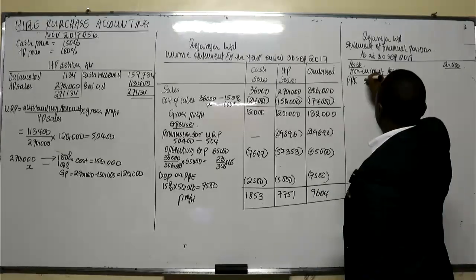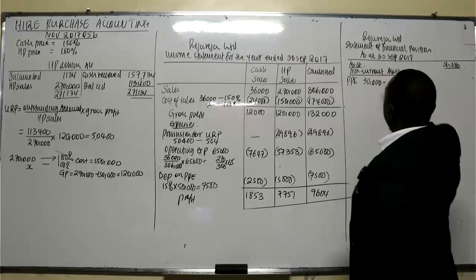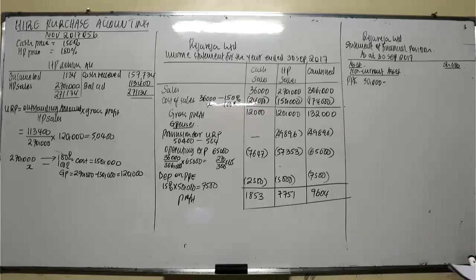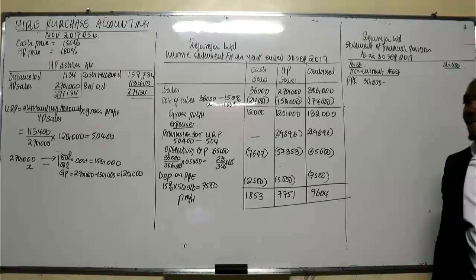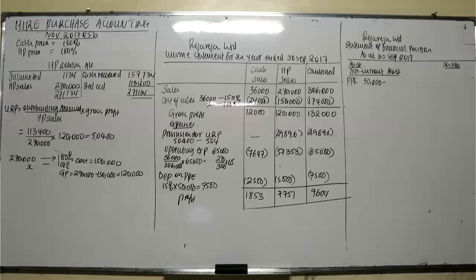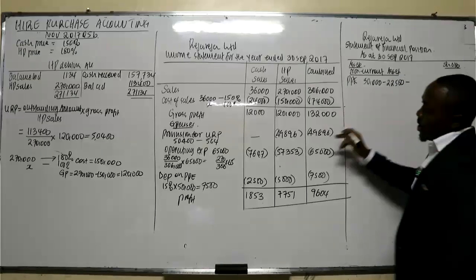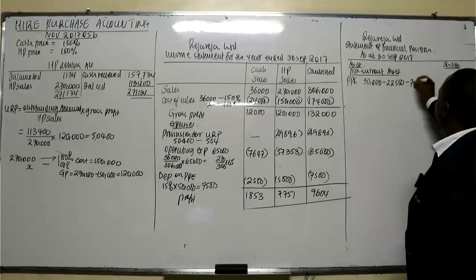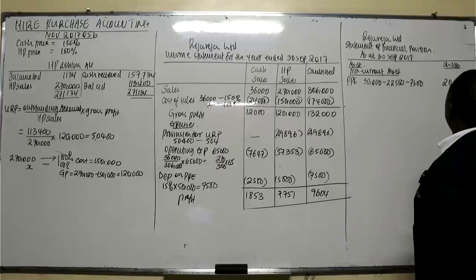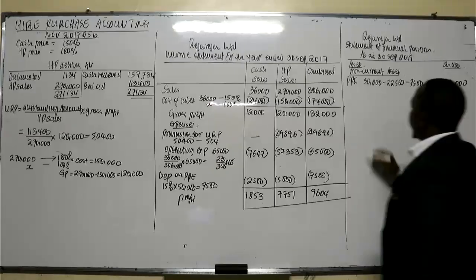PP, the cost was 50,000. Then you raise the accumulated depreciation. How much is accumulated depreciation? 75 was depreciation for the year. Just check from the trial balance. An amount of 22,500, and then you raise depreciation charge for the year 75. That is 30. The balance will be 20.